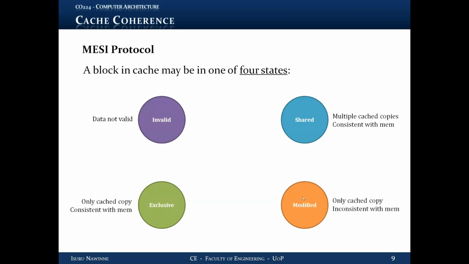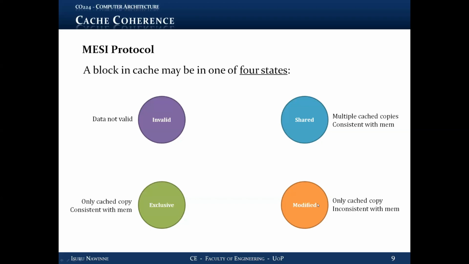Then the final, or 4th, state is modified. Modified blocks are only cache copies. Other caches do not have this block, and the value is inconsistent with the memory. Memory does not have the up-to-date value. The most recent value is in this cache.